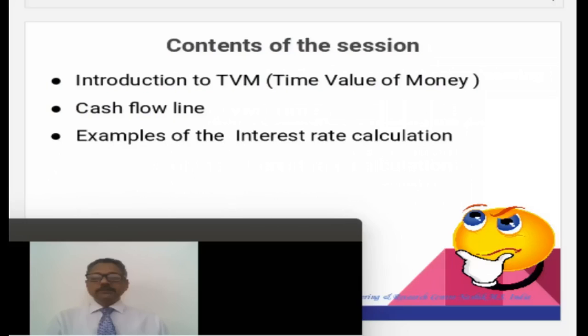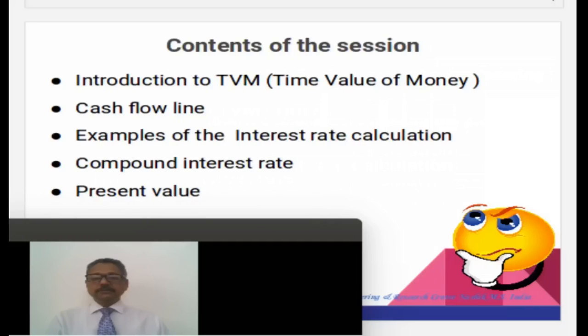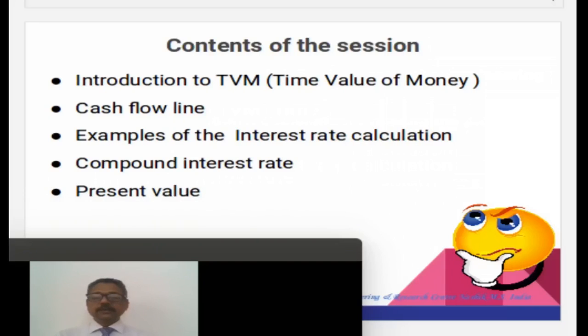After that, we will address the issues associated with interest rate calculation. We will learn about the compound interest rate. Then we will review the term present value, and finally we will conclude our session by taking the review of future value. This is the roadmap for our session.